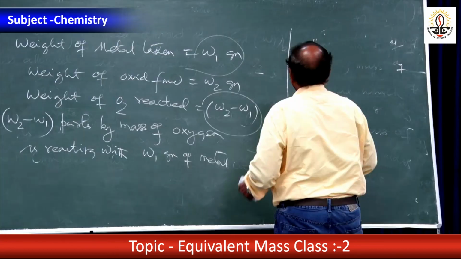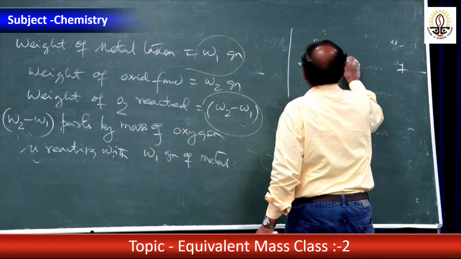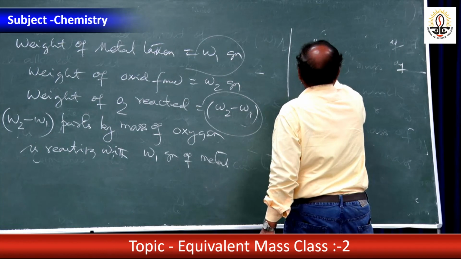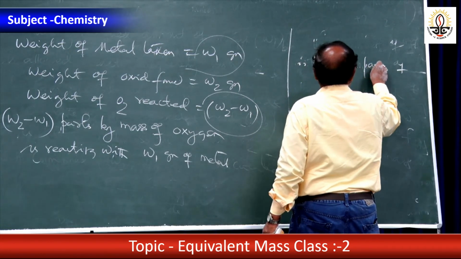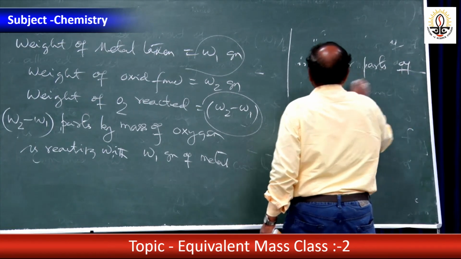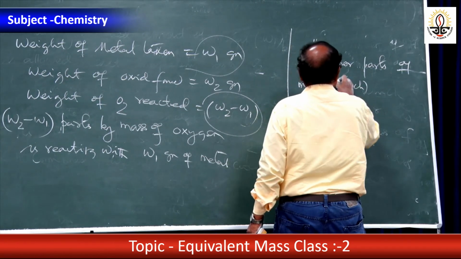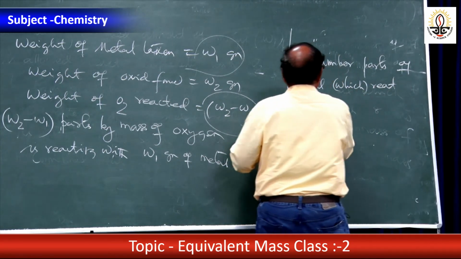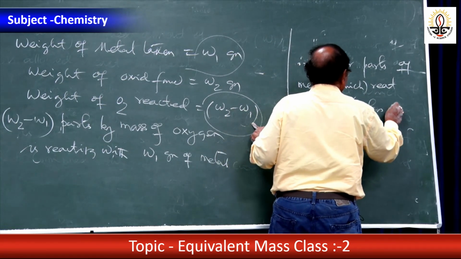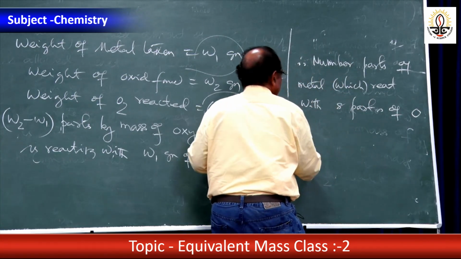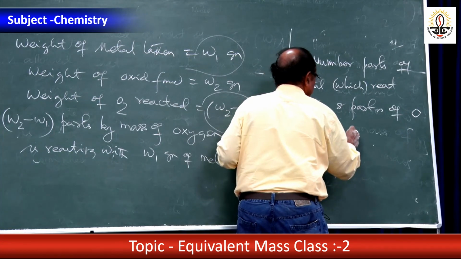Therefore, the number of parts of metal which react with 8 parts by mass of oxygen is the equivalent mass.